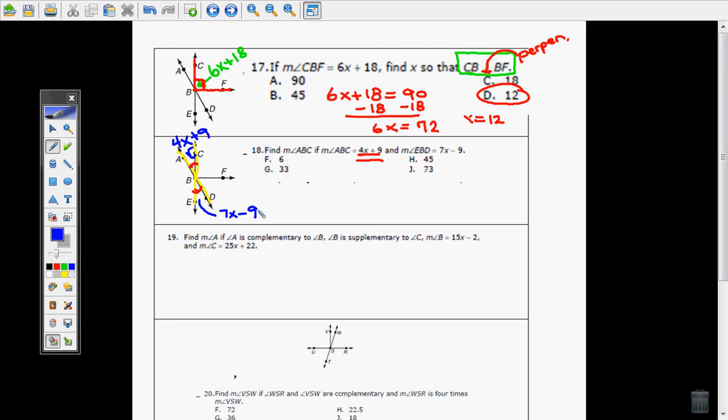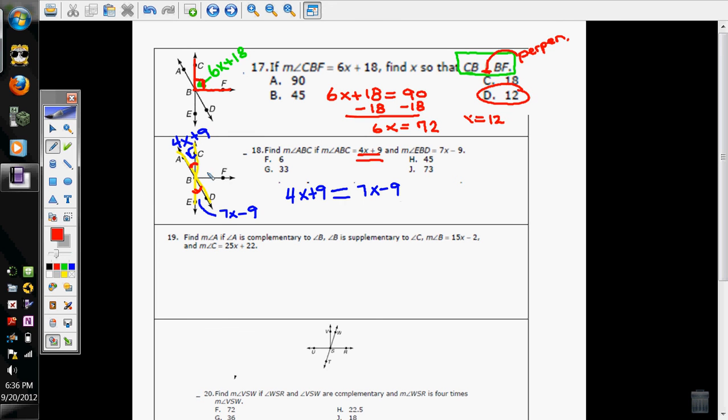I have enough information to find x because verticals are equal. 4x plus 9 equals 7x minus 9. Because when you have vertical angles, their measures are equal.